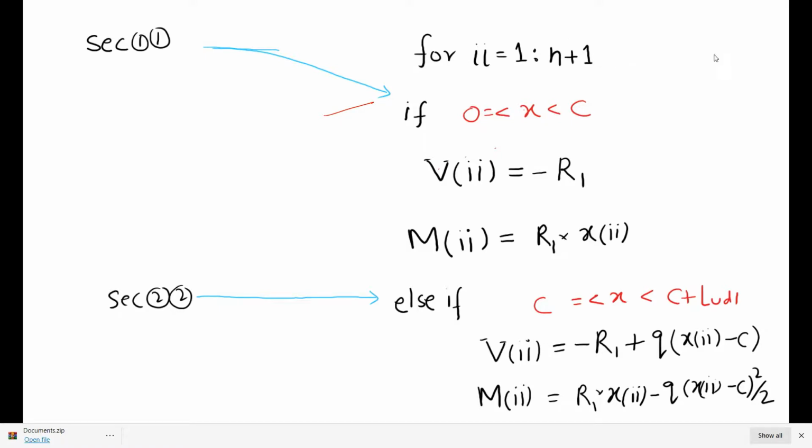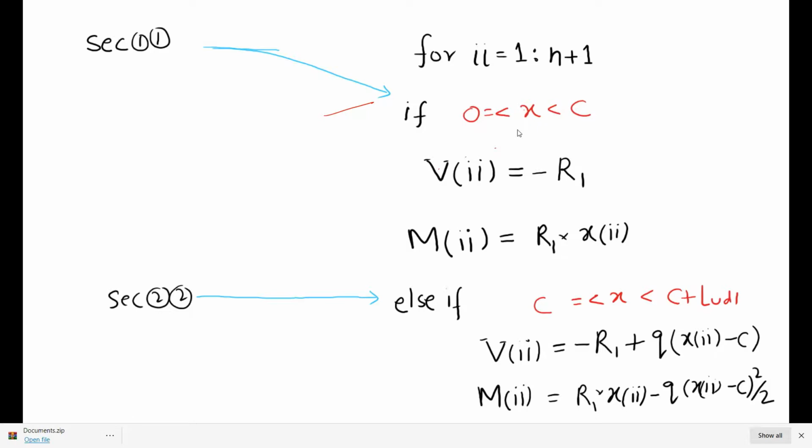For any coordinate where we want to find this value, corresponding to that node of x we will get the shear force. So v of I equals minus r1, m of I equals r1 times x of I, that is the moment. If the criteria is that our section lies in the first part, we will get this value.